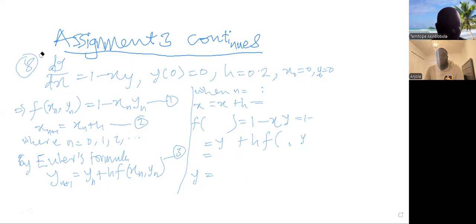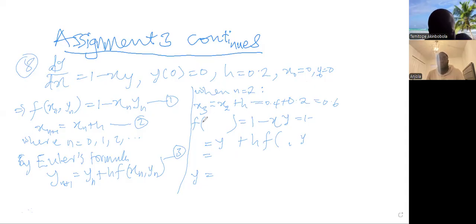Now when n is 2, our x(n+1) will now be x3, equals x2 plus h. So what is x2? 0.4. 0.4 plus 0.2. Agreed? Yes. And that gives 0.6.